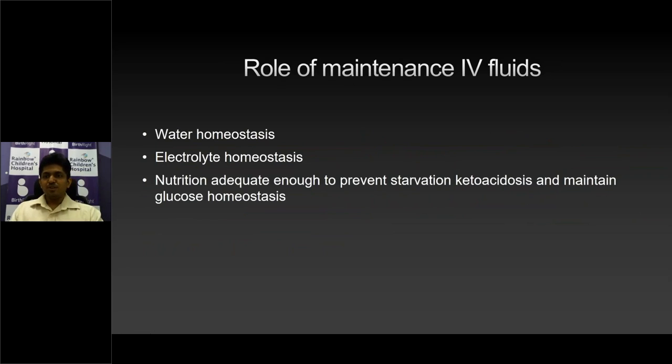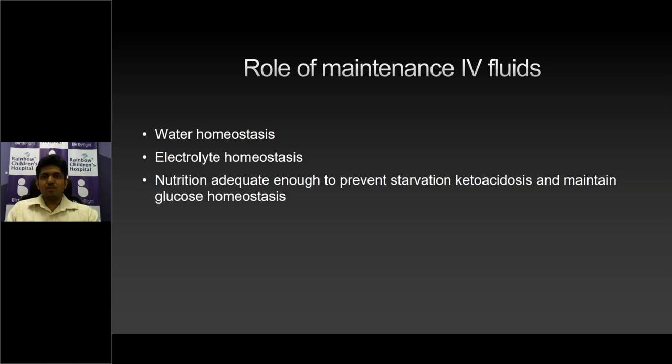So in order to understand what kind of maintenance fluid we have to use, we have to understand the water homeostasis and the electrolyte homeostasis, as well as the nutritional requirement. The nutrition that we give through the maintenance fluid should only be adequate enough to prevent starvation ketoacidosis and to maintain normoglycemia.